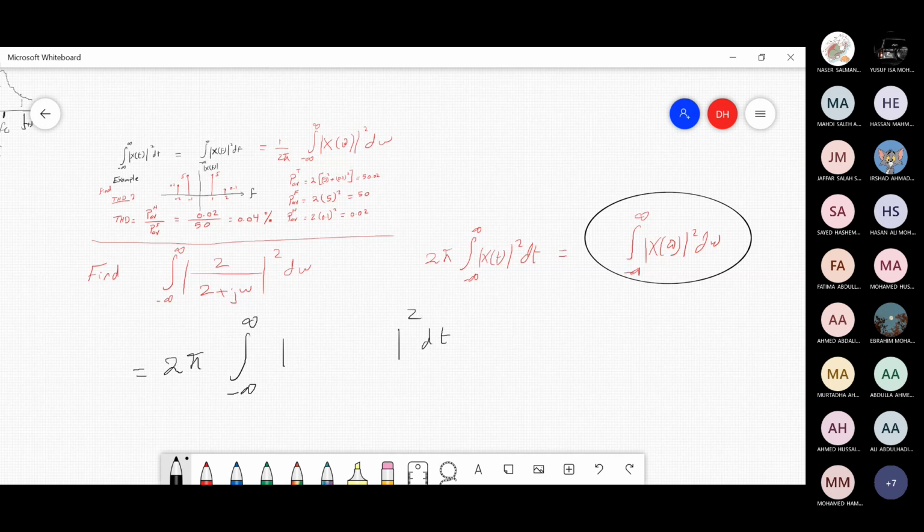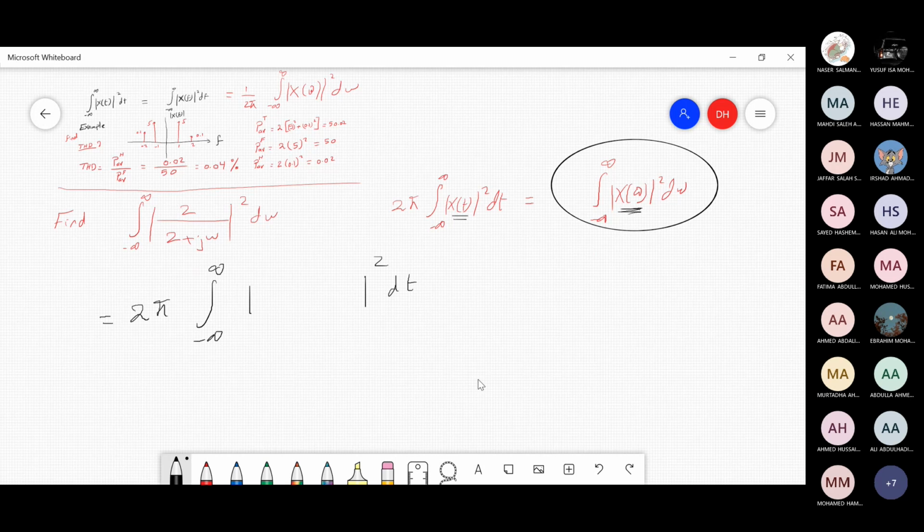So just what we want here from here, this is X of omega, and this is x of t. How to find it?